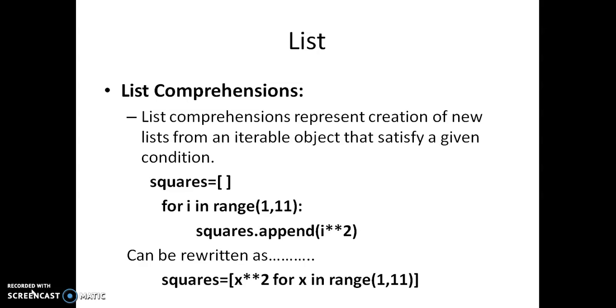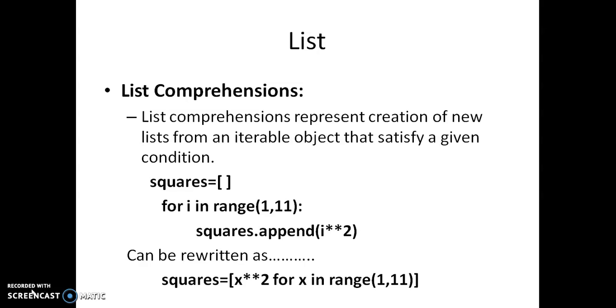So place your required code in the square brackets. I want to perform the power of the value, so assume that your list value is stored in the variable x. So x power 2, where x is the individual value from your range of values, 1 to 10.